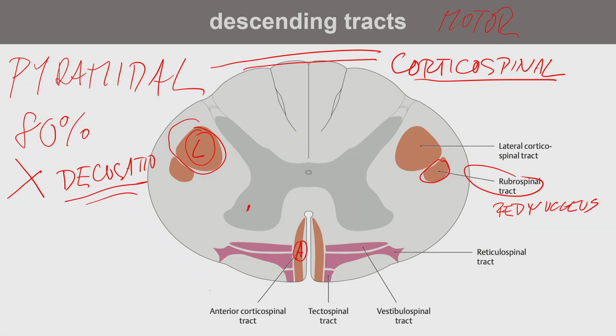We will see it next lecture. And 20% are not crossed at the level of the medulla oblongata, but cross at the level of the spinal cord.